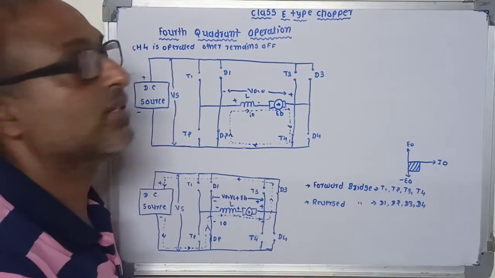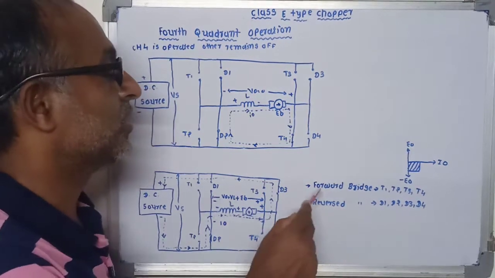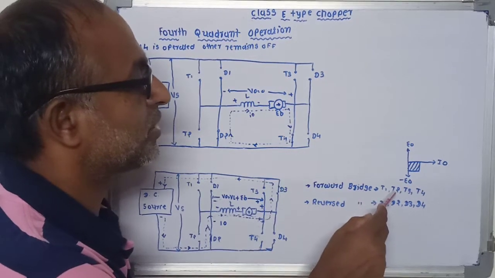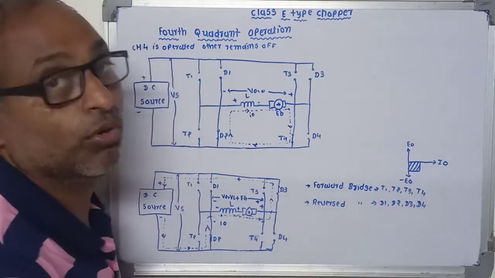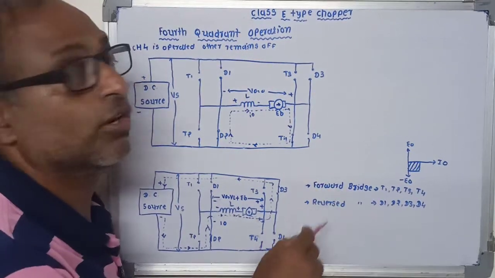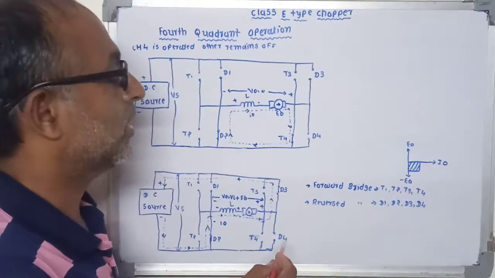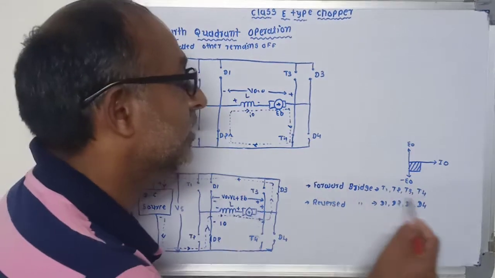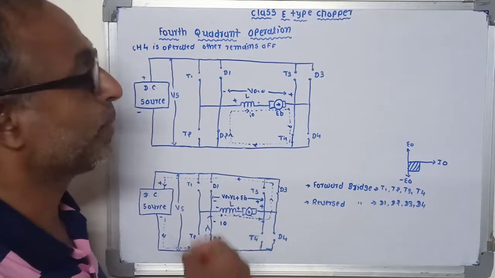Now this E-type chopper forms two bridges. One bridge is called the forward bridge. It is formed by thyristor T1, thyristor T2, thyristor T3 and thyristor T4. During this operation, the flow of power is positive or forward. When this bridge is operated, power flows from source to load.